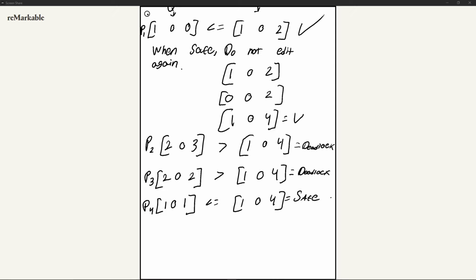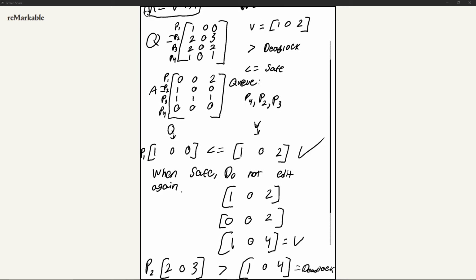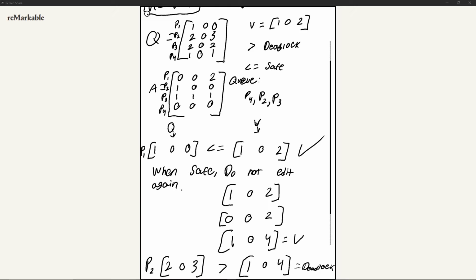Again, what do we do after we find a safe vector? We take the allocation of the process. In this case, it's 0, 0, 0. Again, in this example we're not really meant to be editing it, but I'm going to change this here to 1, 2, 1.